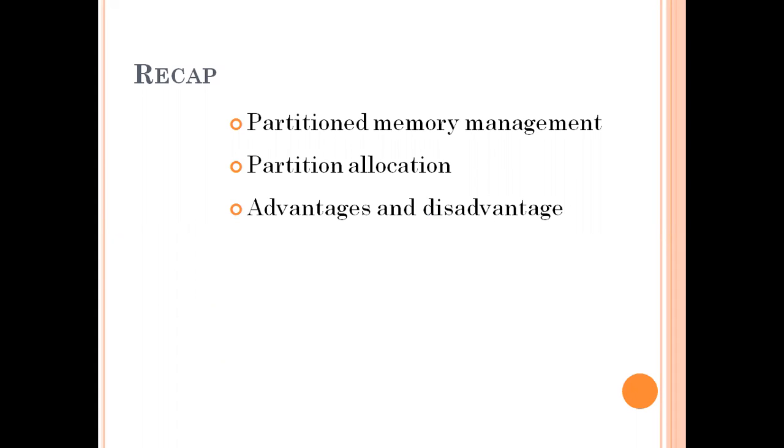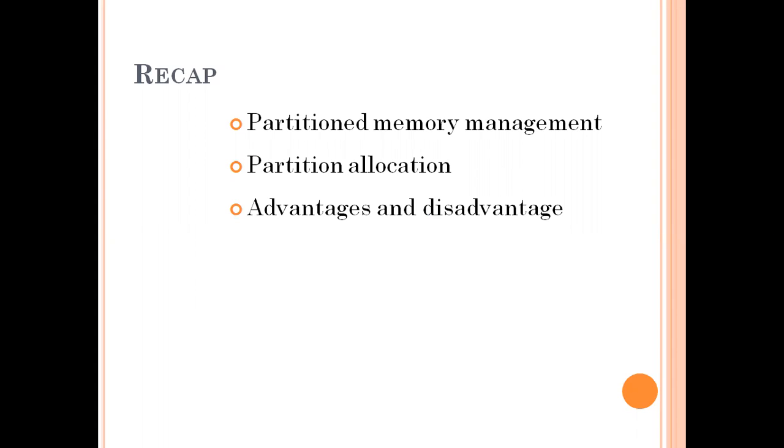In the best fit technique, the free area table is first kept sorted by size. The first partition is of smaller size, then the next one is bigger, then a bigger one, and so on, and the last entry in the free area table will be the partition of the biggest size.